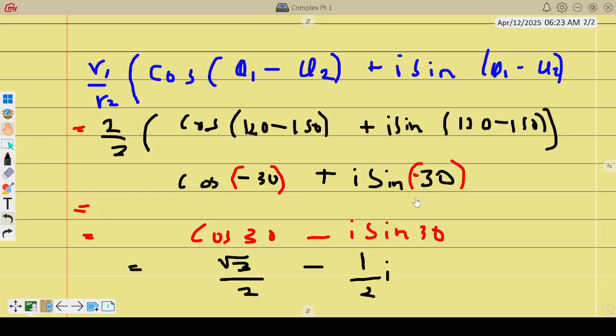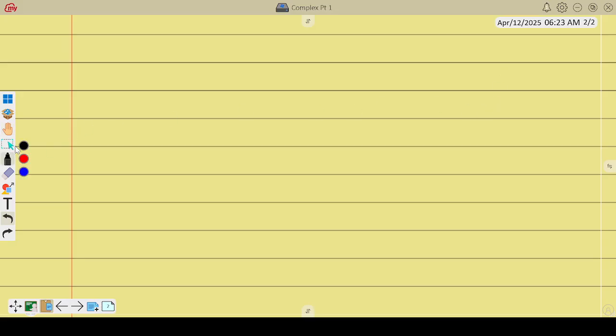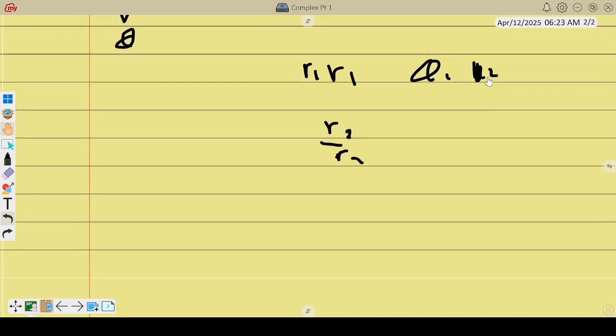The key thing is you need to find R and you need to find theta. When you are multiplying R1 and R2, the angles are adding. If you are dividing, the angles are subtracting.